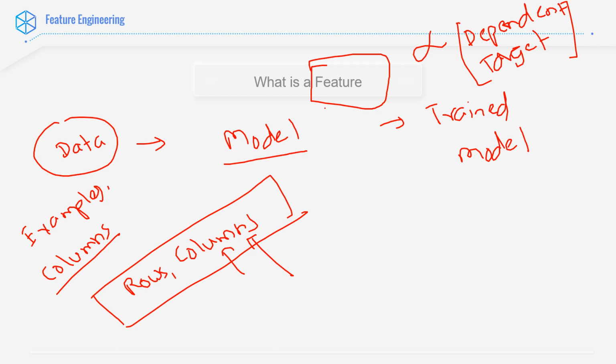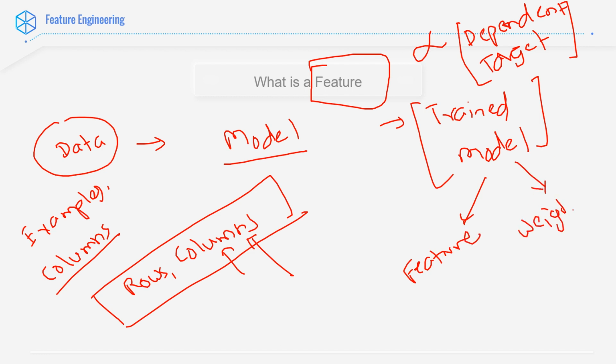Once the model is trained, at the end, a feature gets associated with an important thing which is weight. When the training is done, you can take a look at the feature, which could be the one you have created or the one which was already present in the data as is.